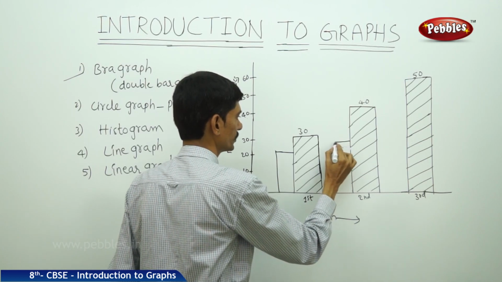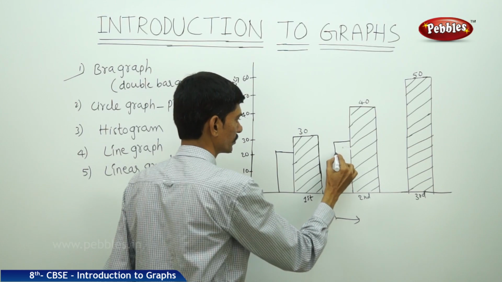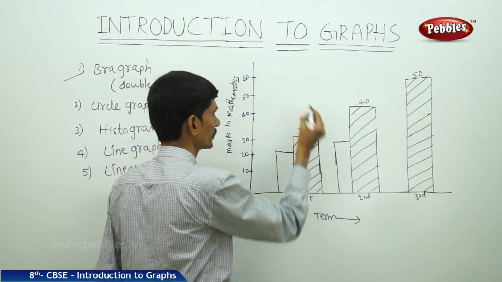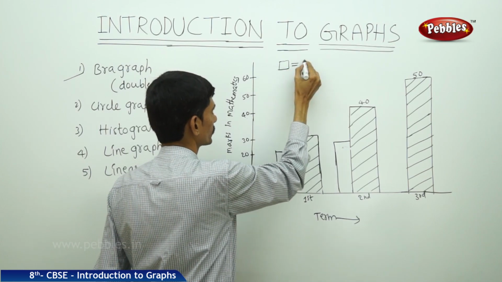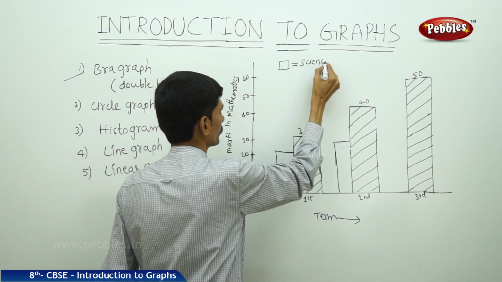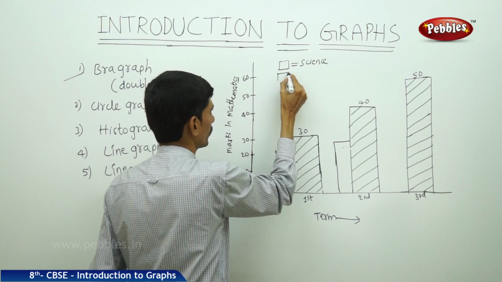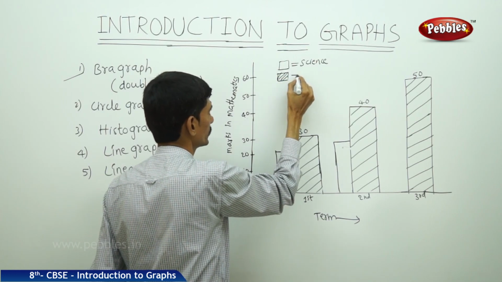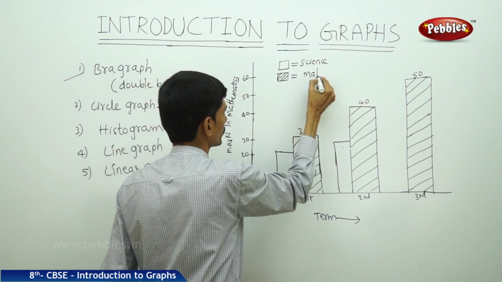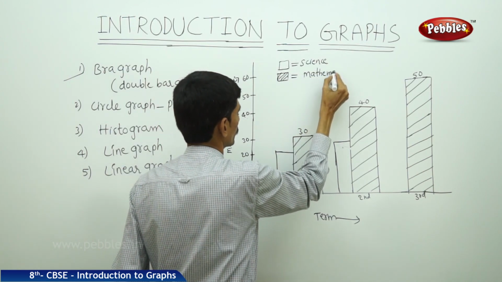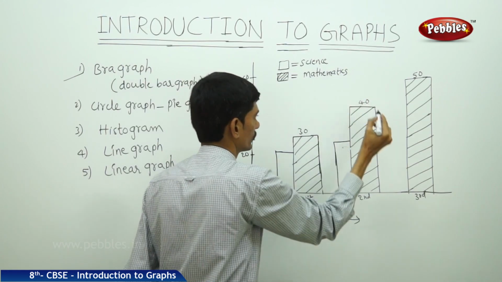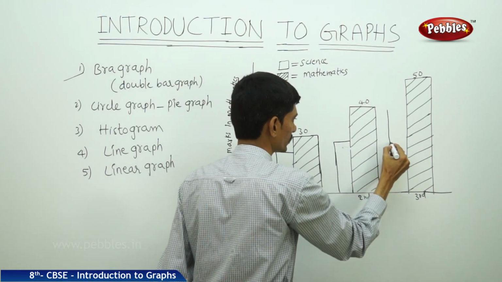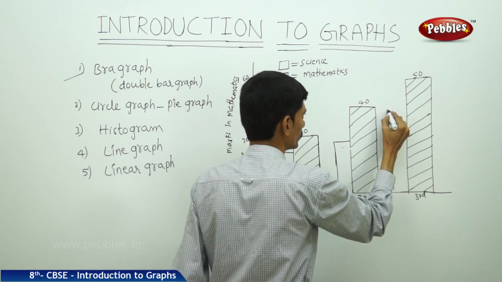This unshaded rectangle represents science, and the shaded rectangle represents mathematics. So here we can compare the two subjects' marks in the three term examinations.